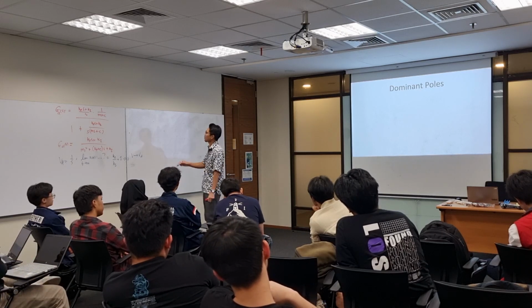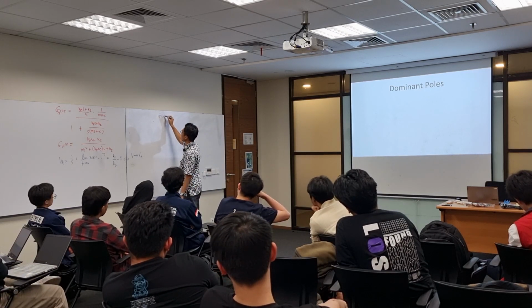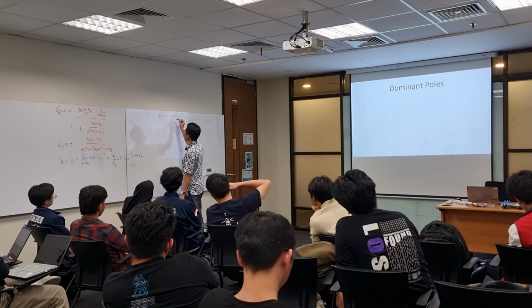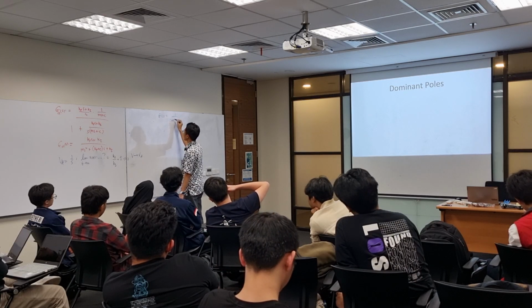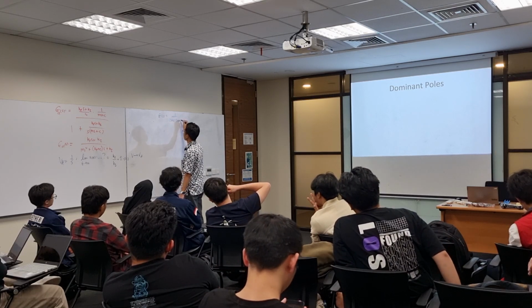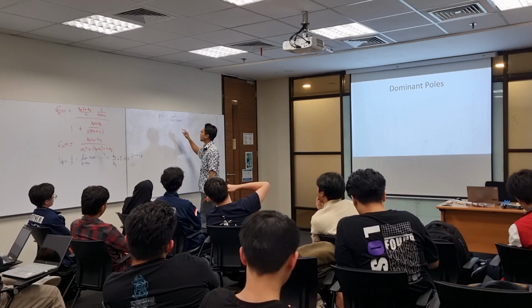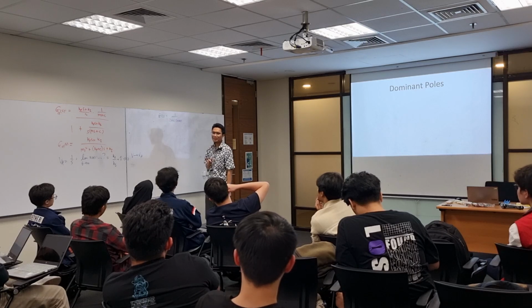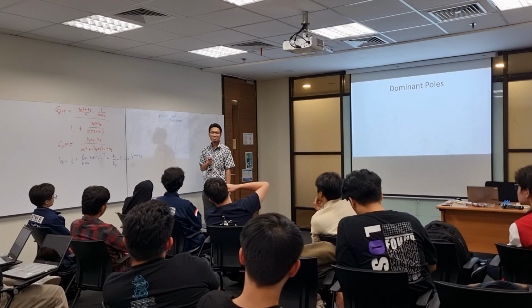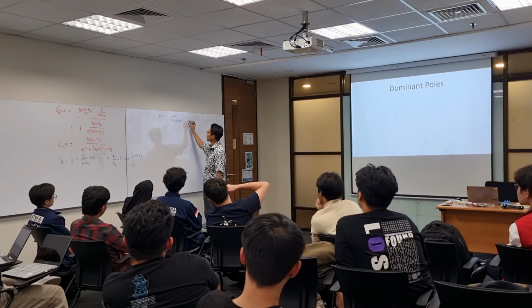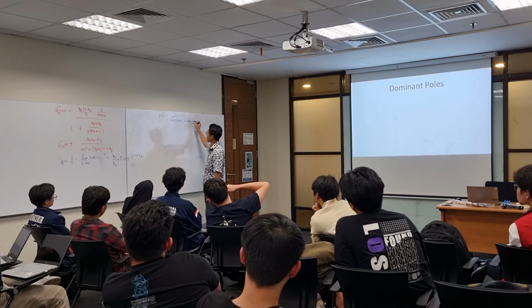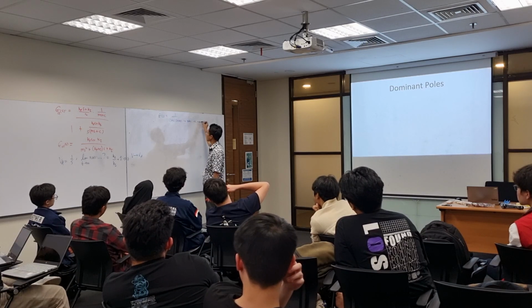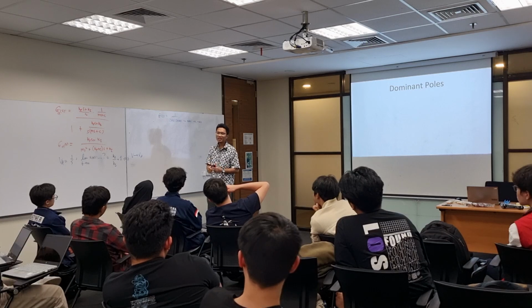We will see here. Let's say you have a system like this. Which one do you think the dominant pole is? We have two poles here, -2 and -100. Who said the dominant one is -2?